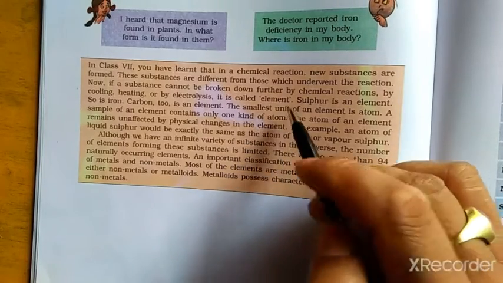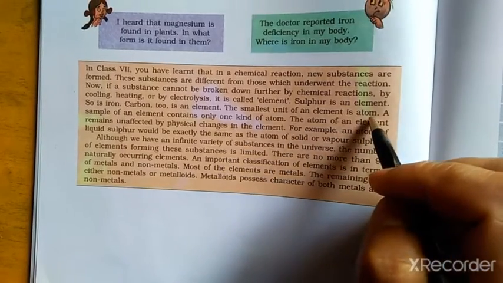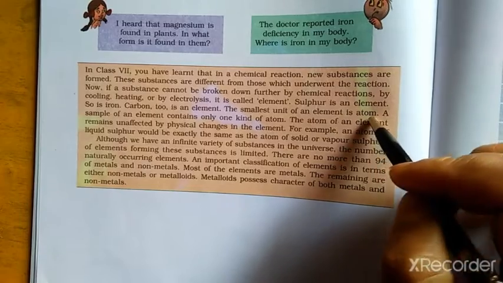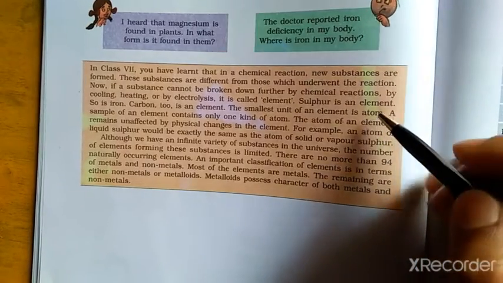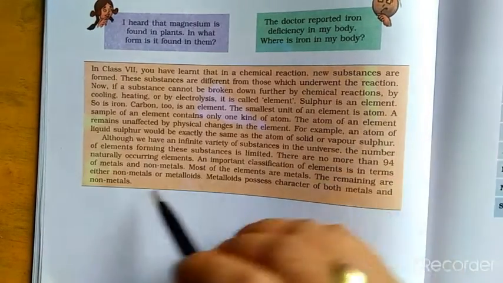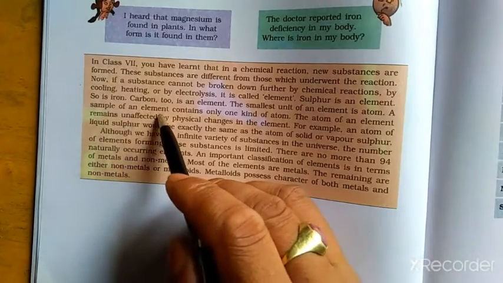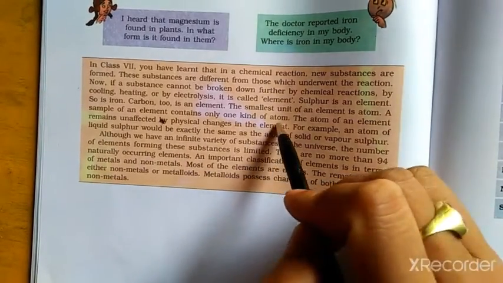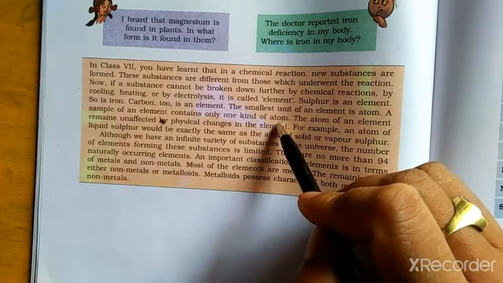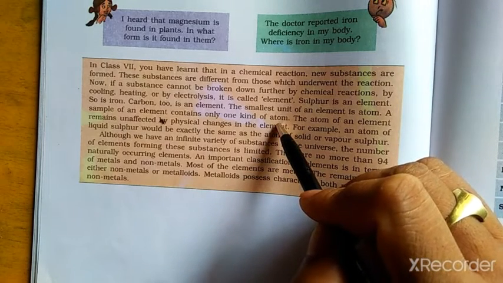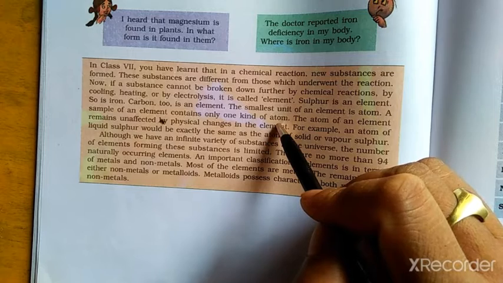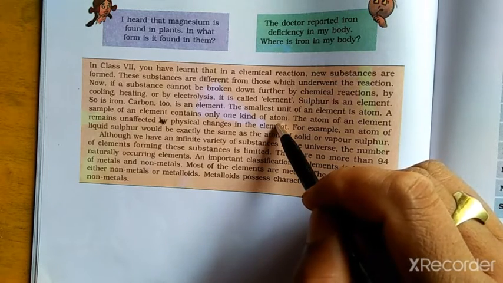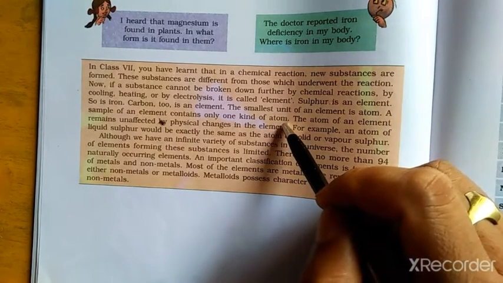The smallest unit of an element is the atom. A sample of an element contains only one kind of atom.